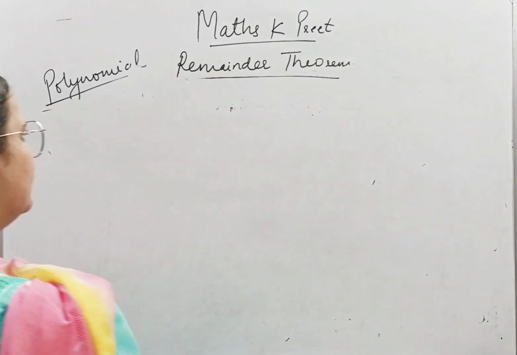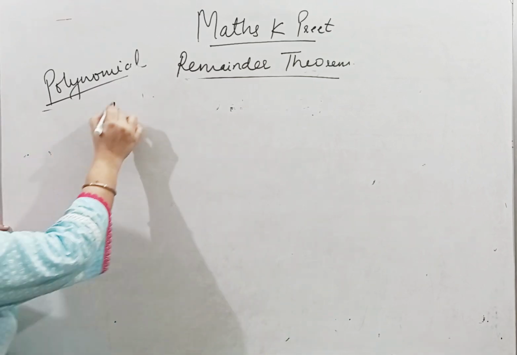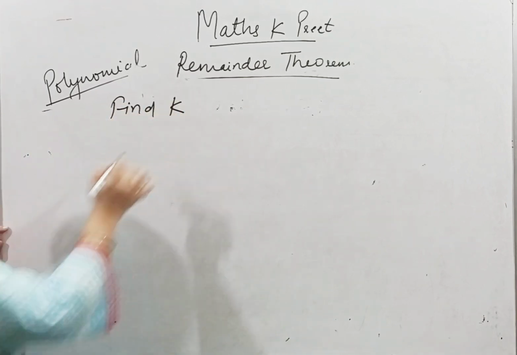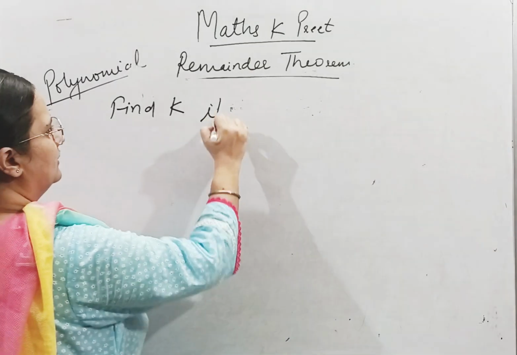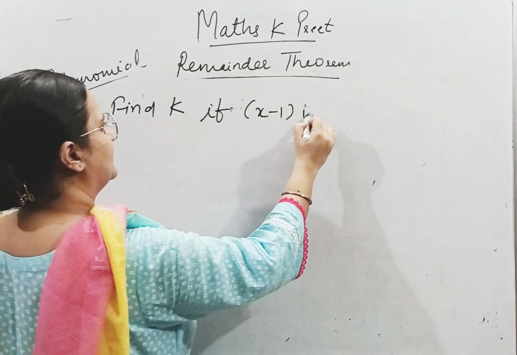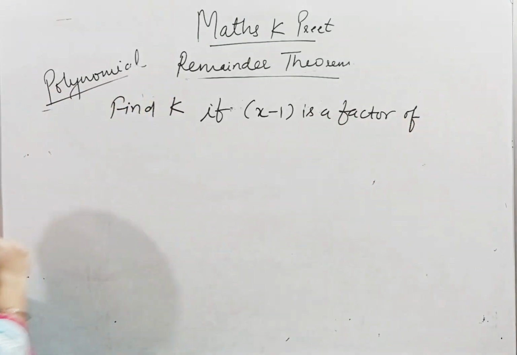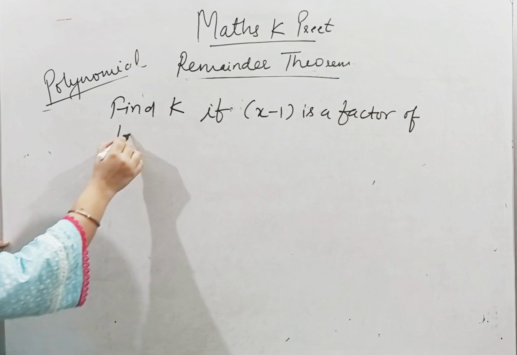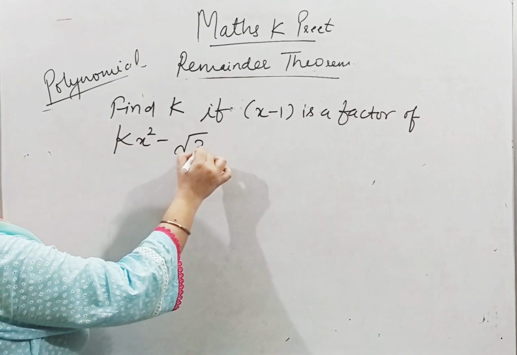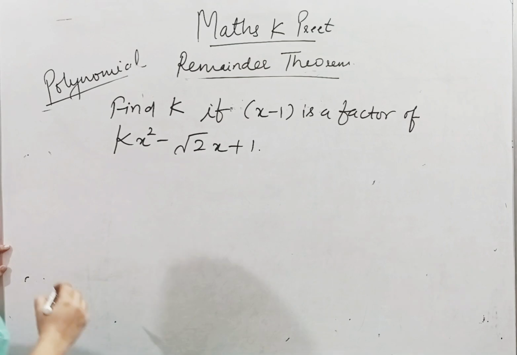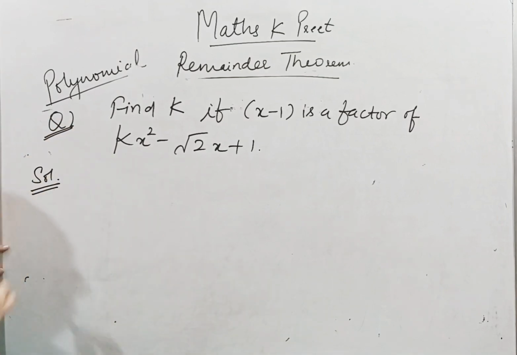So the question is, find the value of k if x minus 1 is a factor of this polynomial kx square minus root 2 x plus 1. So this is the question. Solution.